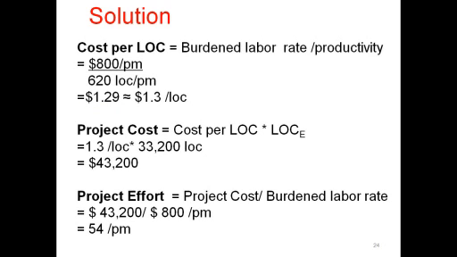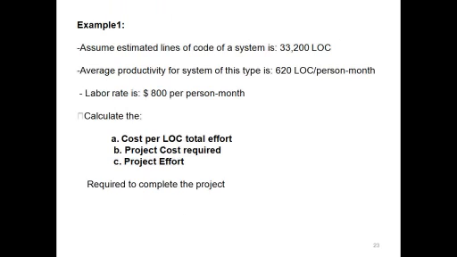Based on the given values a while ago, the burdened labor rate is equal to $800 per PM. So this is from the given. Divided by 620 LOC per PM. Okay, so babalikan po natin. We have here the burdened labor rate, 800 per PM.